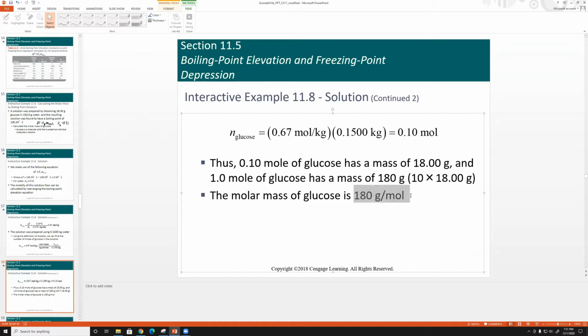And we get 180 grams per mole. That's the molar mass of glucose. So they can give tricky questions like this on an exam or on homework and ask you to identify the molar mass or even identify what molecule it is. So yeah, any questions on that?